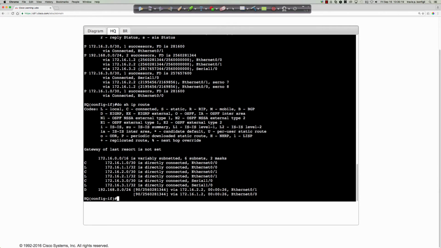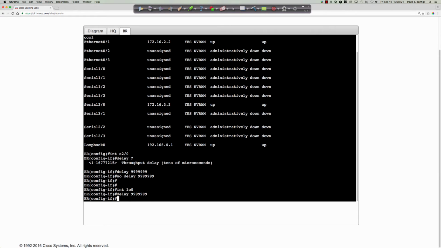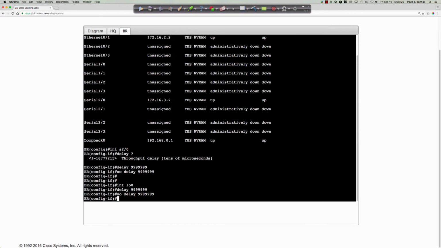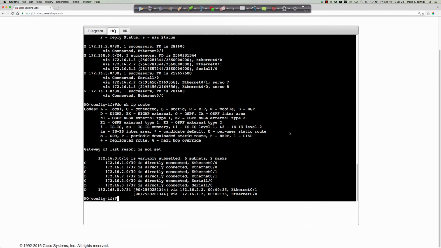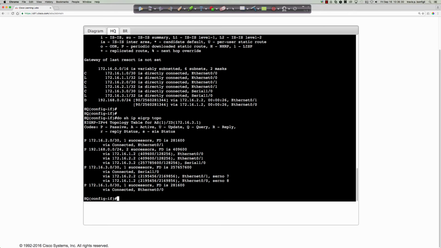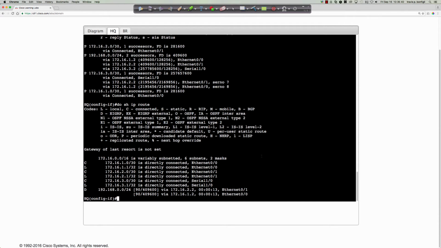Okay, so let me pull that value off of there because that is going to cause later issues. And would that force it into the active state again? It absolutely did, because you can tell the feasible distance has changed. Show IP route, it's only been in there 13 seconds, so it went active and then went passive again. Okay, so now let's talk about load balancing, right?